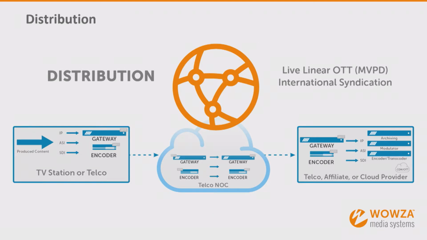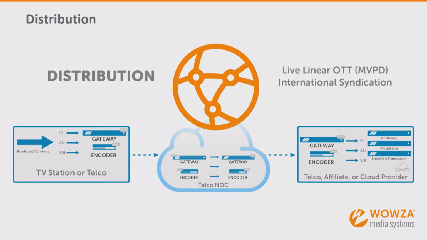On the distribution side, this is more of a point-to-point distribution. You're pushing content over the open internet from a broadcast front end down to your affiliate in a way that could potentially be as reliable but much cheaper than a dedicated point-to-point solution over fiber or MPLS or satellite.